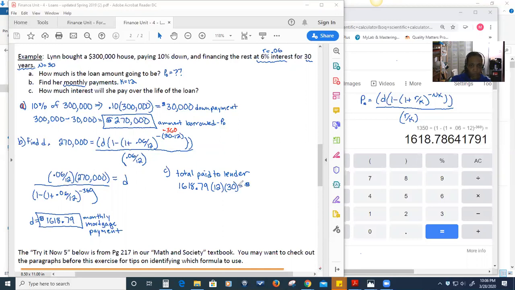Then the total she pays to the lender, and I'll let you punch this into your calculator, this is going to be $582,764.40. Okay, that's the total she paid. So now to figure out the interest that she paid, we have to subtract away the original amount that she borrowed. So interest paid.